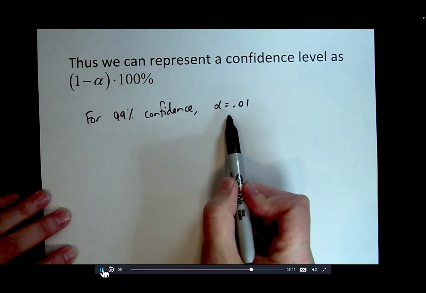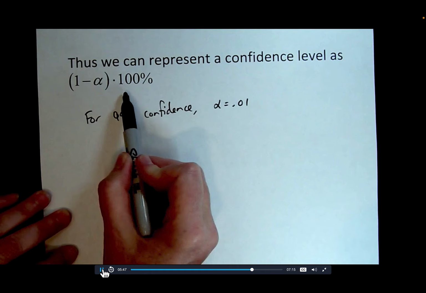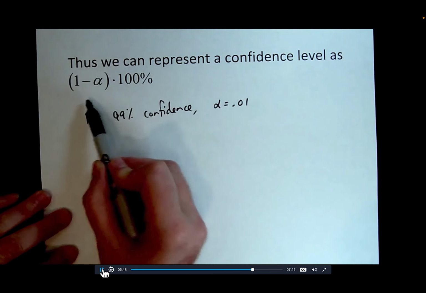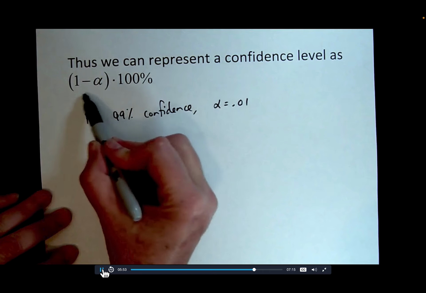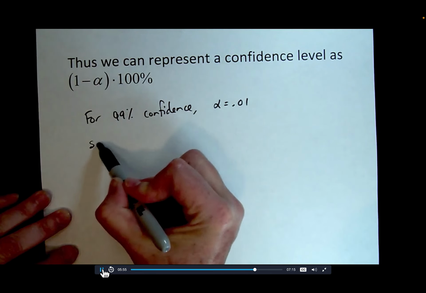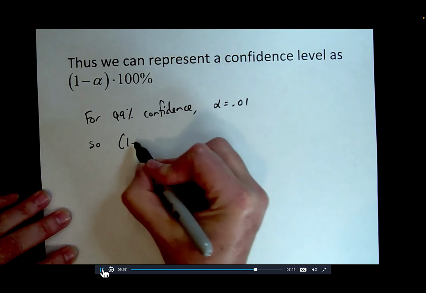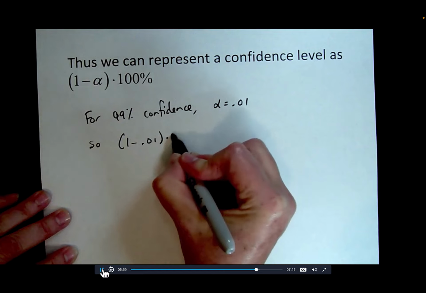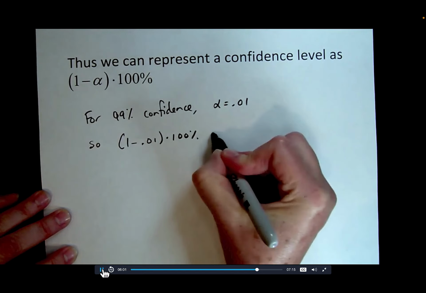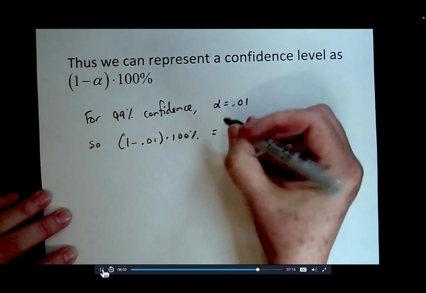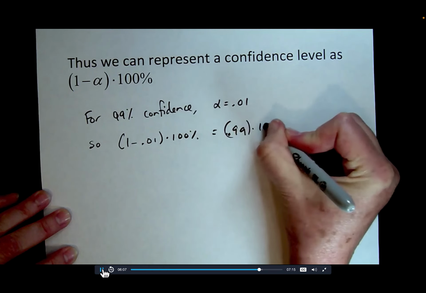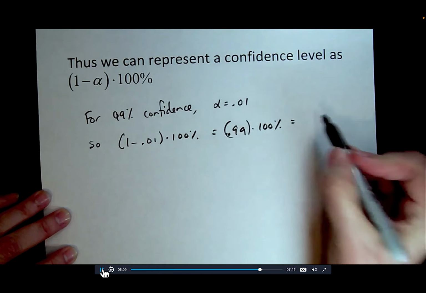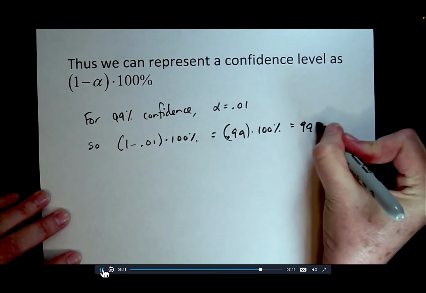Now this is showing you how you can take the alpha and turn it back into the confidence level as a percent. So for this one, 1 minus alpha would be 1 minus 0.01, and then times 100%. 1 minus 0.01 is 0.99 times 100%, and so you get the 99% back.